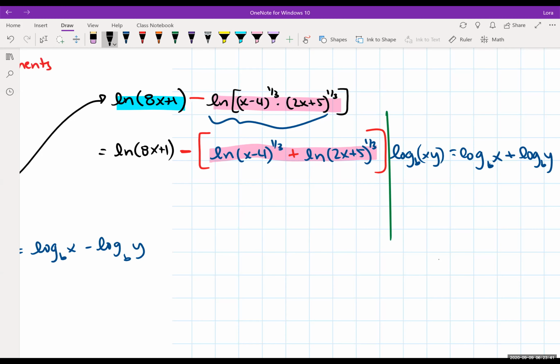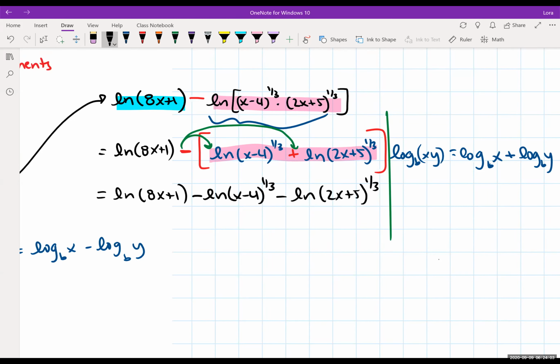So what really happens? We'll be distributing this negative sign. So negative log, negative log. So natural log of 8x plus 1 minus natural log of x minus 4 to the 1/3 minus natural log of 2x plus 5 to the 1/3. Now we feel pretty much expanded.